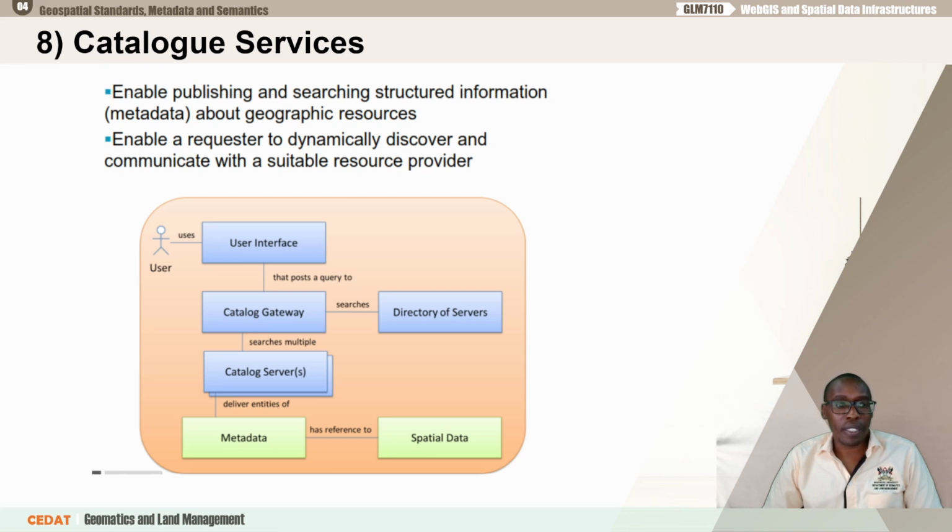So below is an interaction diagram of how a user typically interacts with these catalog services. So the user basically finds a website or a web browser, and then he posts a query, and this query is sent to the catalog gateway, which has a directory of servers, and then you can search a catalog server, and then you'll search for metadata entities, and then this metadata basically has reference to spatial data.